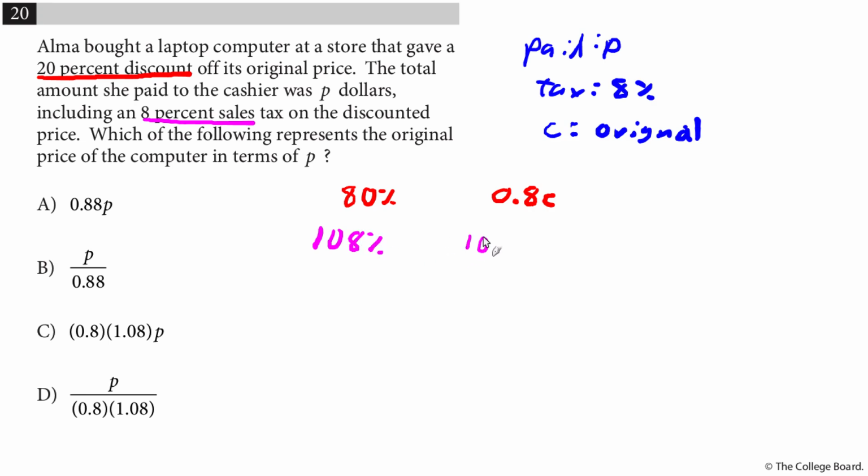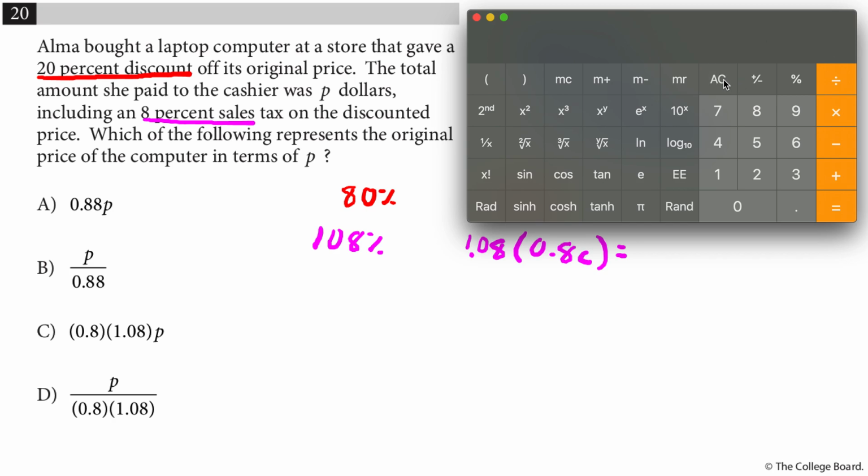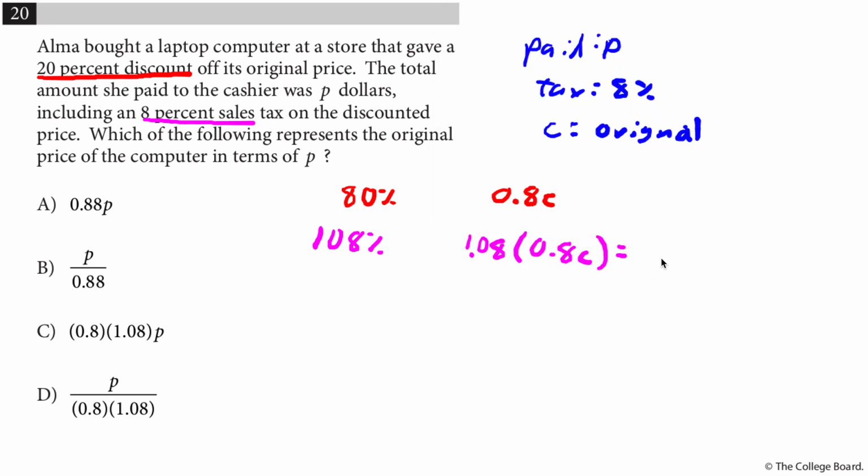So I'll have 1.08 times 0.8C. And when I do that, I'll go to my calculator and just do 1.08 times 0.8, and I'll get 0.864. So 0.864C will equal P.